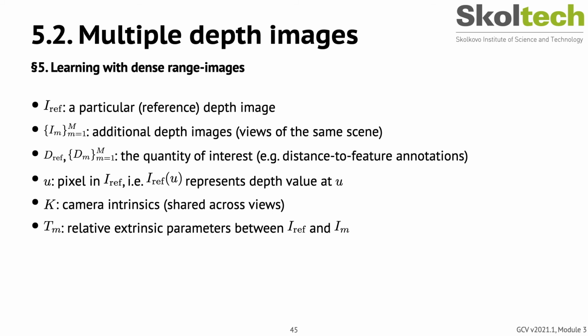We will also assume that we have camera intrinsic parameters that are shared across views, that we're taking images using the same camera, and that we also have relative extrinsic parameters to transform between E sub ref and E sub M.